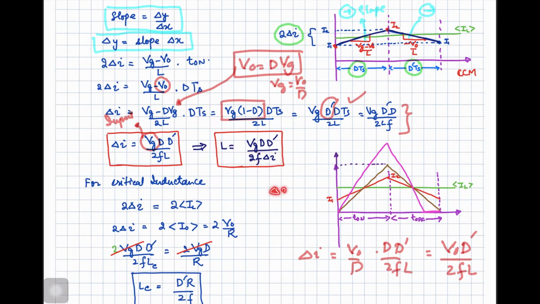So if your inductance is going to increase, delta I will be decreasing. You can also look at from here. If your inductance is increasing, delta I will be decreasing. So current ripple will be controlled by controlling the inductance of this circuit. So you can design your inductance with the help of this expression, and you can analyze your circuit with the help of this one.